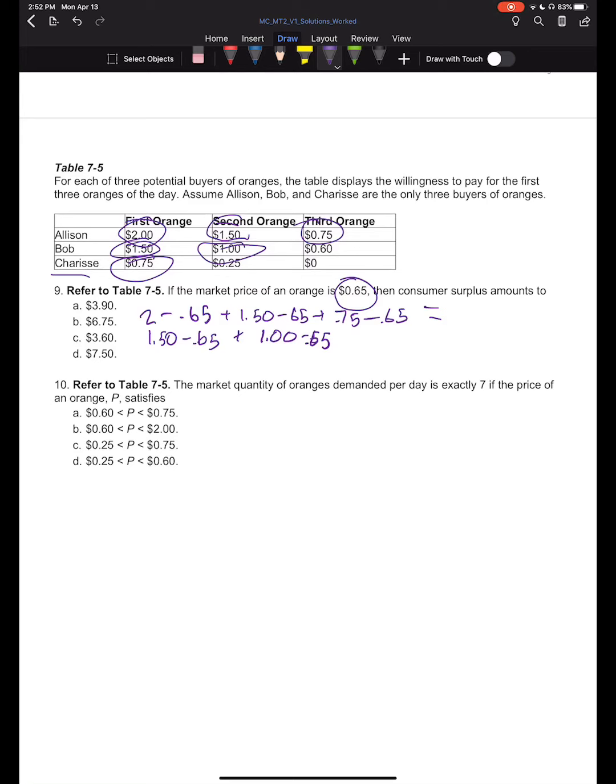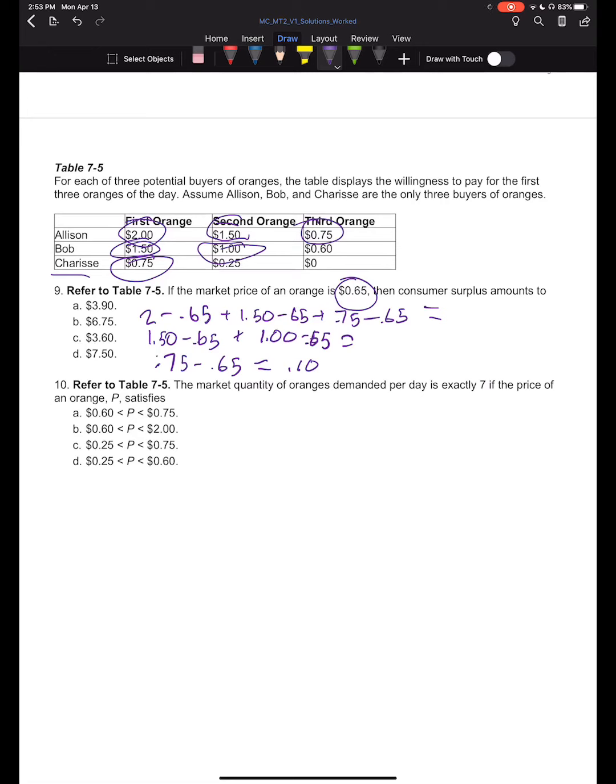And Charisse values her first orange at 75 cents, which is higher than 65, so she goes ahead and buys it. So we've got 10 cents of benefit to her.